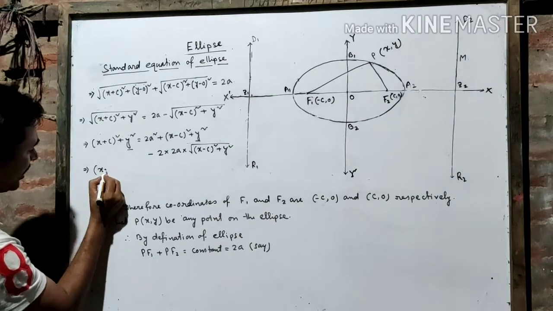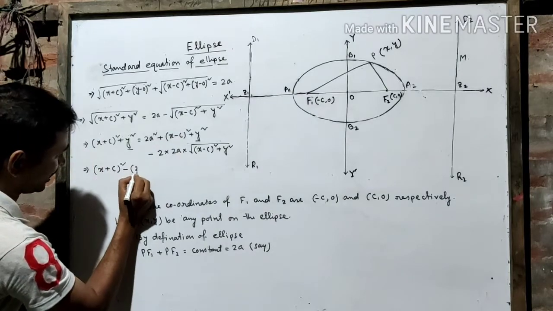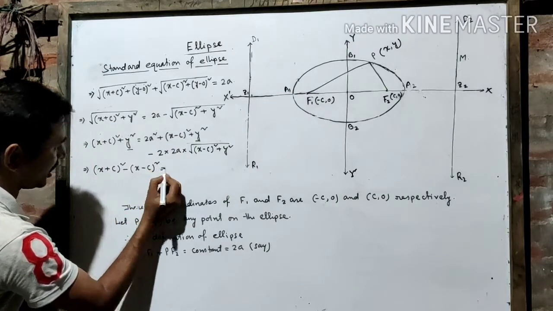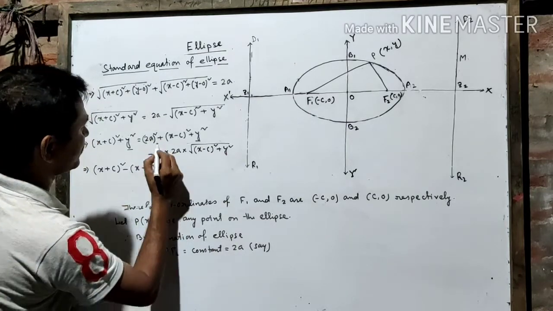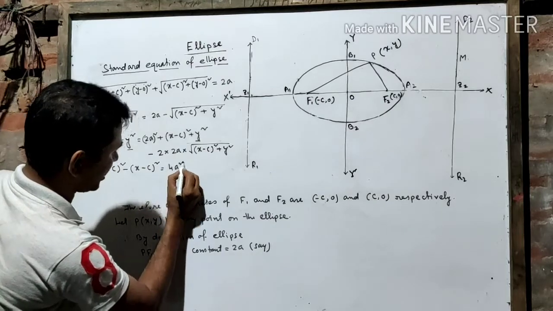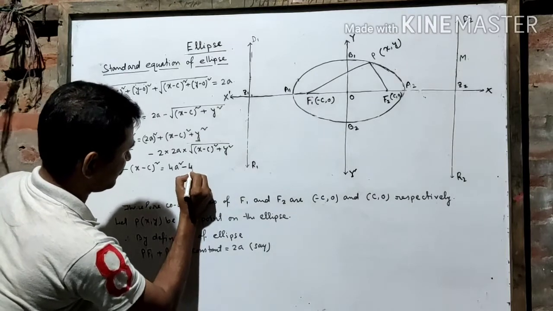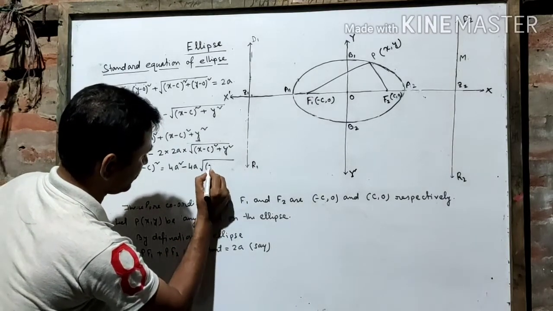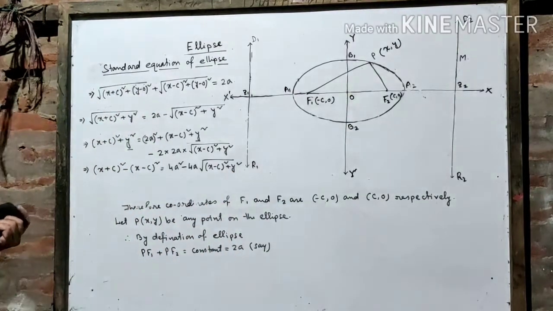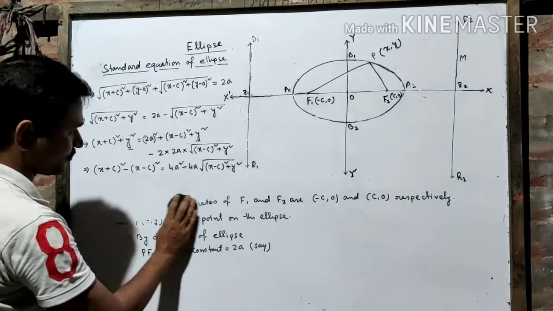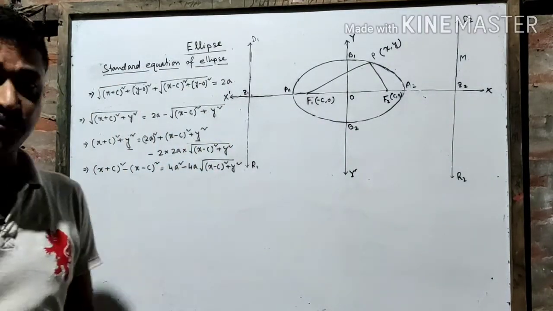On simplifying, (x plus c) whole square, this (x minus c) is brought to the left hand side, minus (x minus c) whole square is equal to (2a) whole square, 4a square, minus 4a into under root (x minus c) whole square plus y square. Now (a plus b) whole square minus (a minus b) whole square is equal to 4ab.